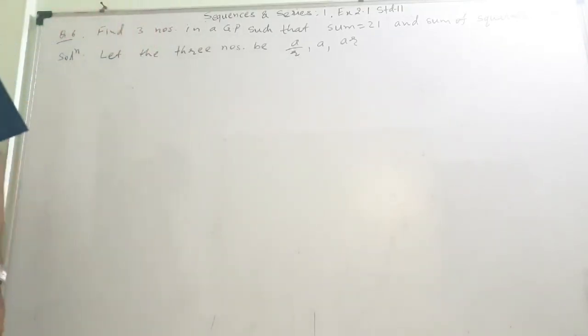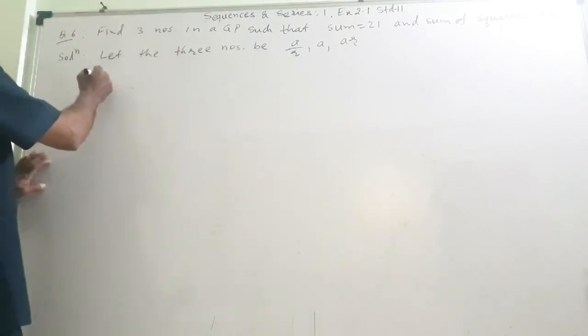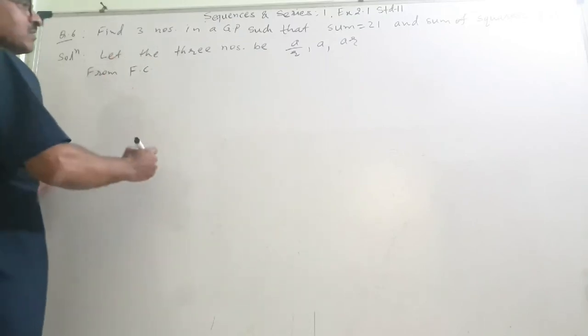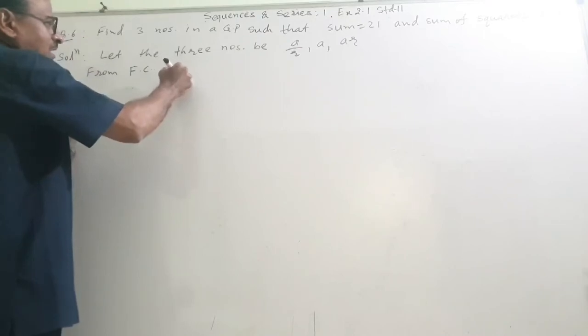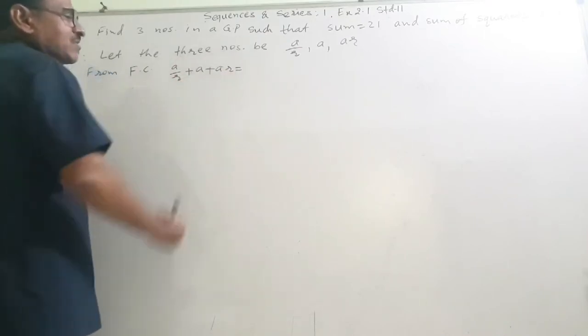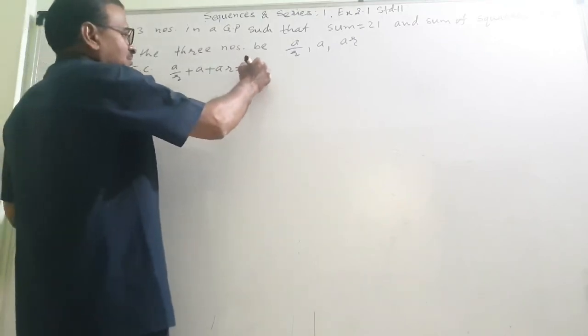Such that their sum is 21. Which sum? All these terms' sum we will take. From the first condition, A upon R plus A plus AR is equal to 21.